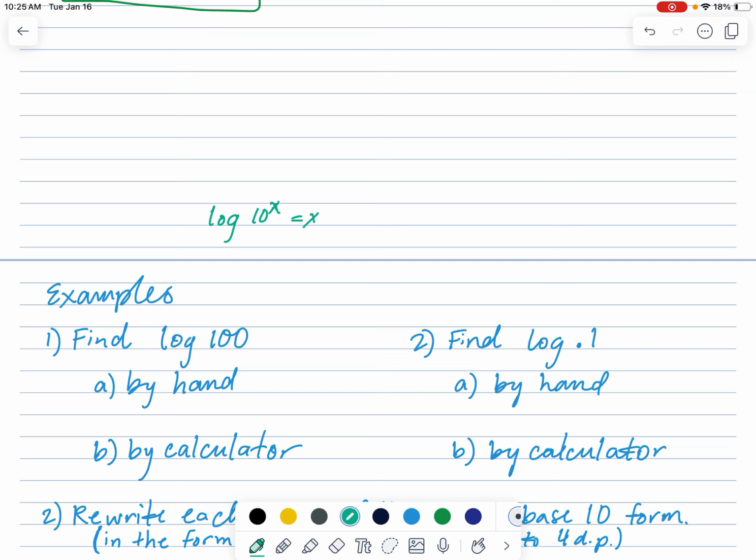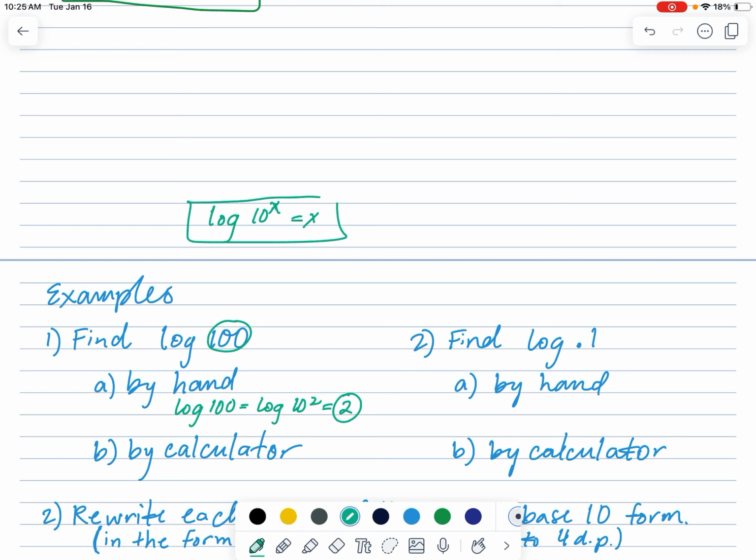If we could rewrite this 100 as a power of 10, then that power would be our answer. So what power of 10 is this? We could rewrite log 100 as log 10 squared. And then, because of this identity rule, the log base 10 cancels out the base 10, and so our answer is just 2.